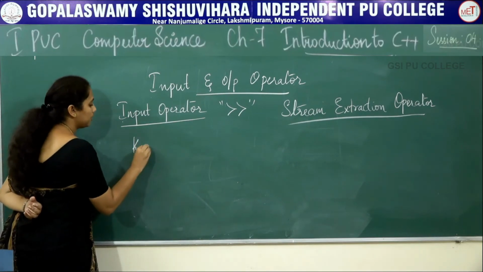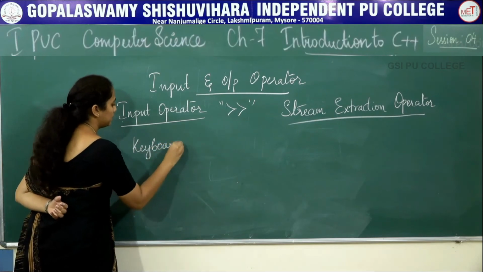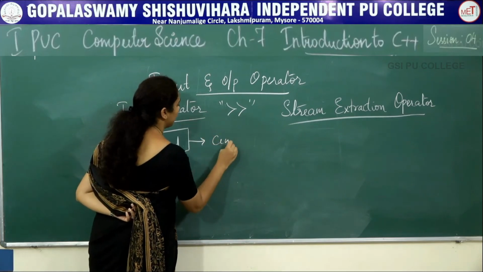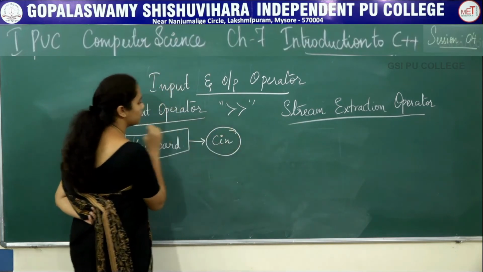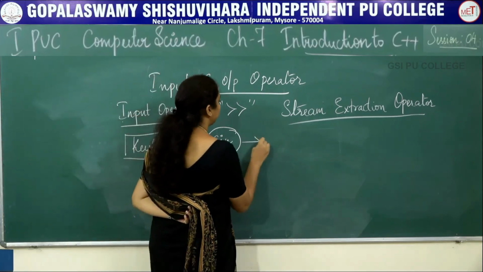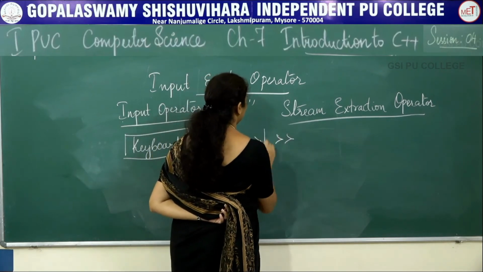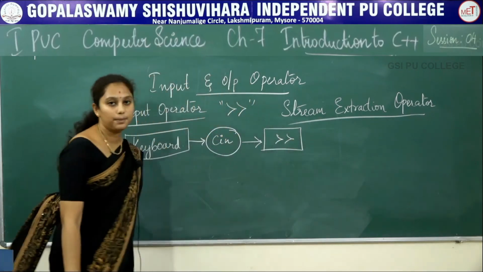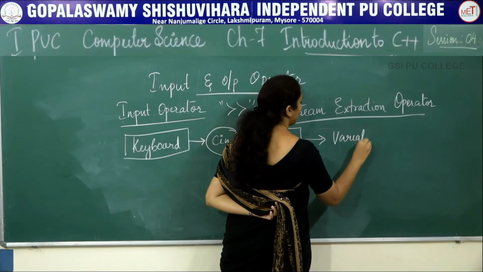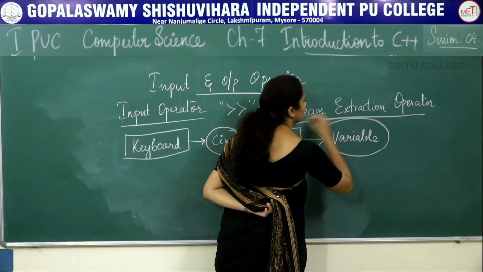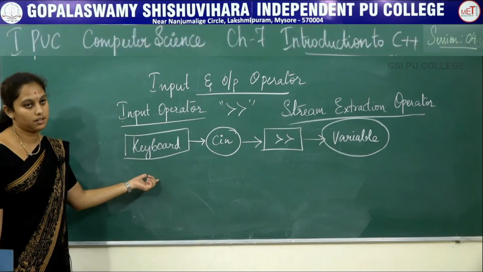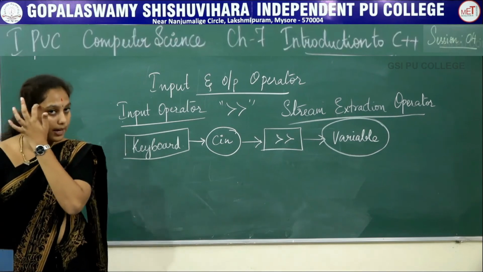So the keyboard is the standard input device, followed by the object cin, which is used to accept input from the standard input device, then followed by the input operator and the variable to store whatever input is extracted from the standard input device. So this is about the input operator.